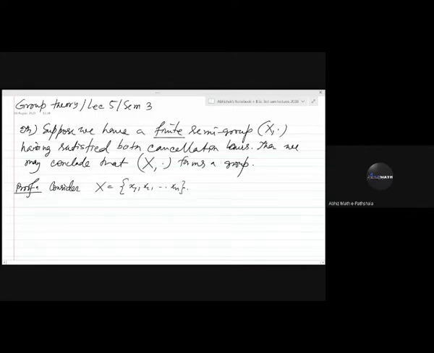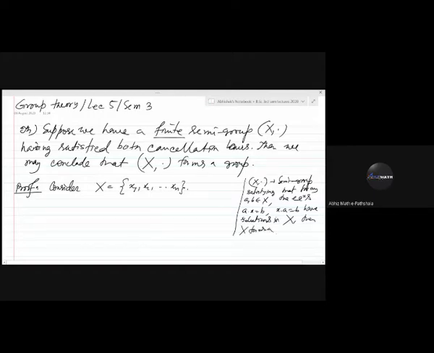We have already proved in the last lecture the theorem that if you have a semigroup satisfying that for any a, b belonging to X, the equations a·x = b and x·a = b have solutions in X, then X forms a group.